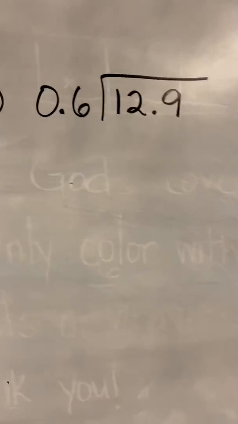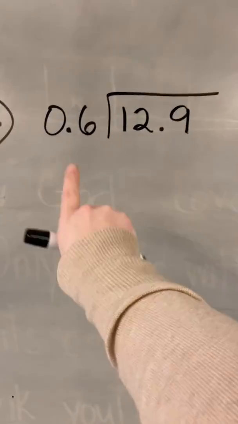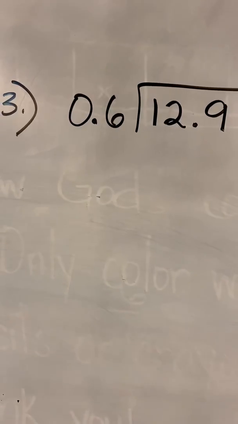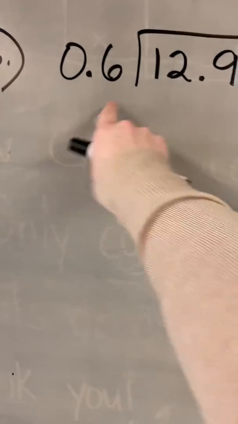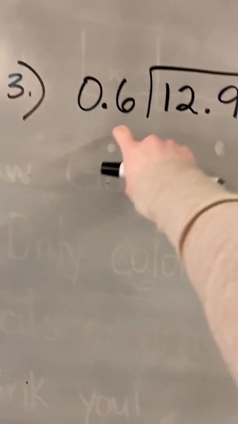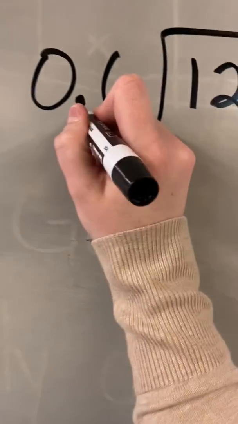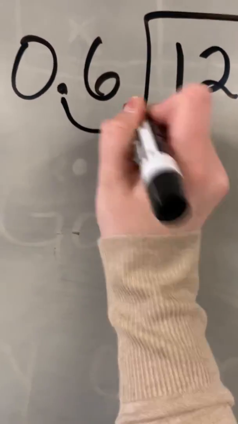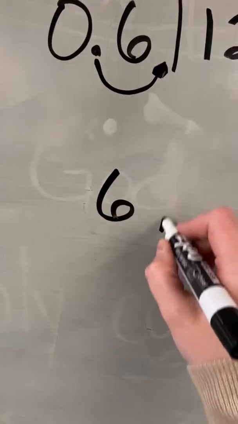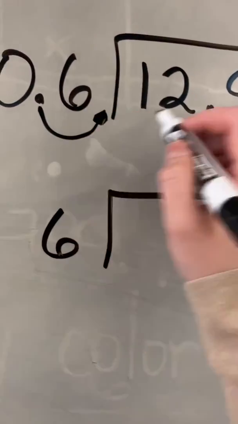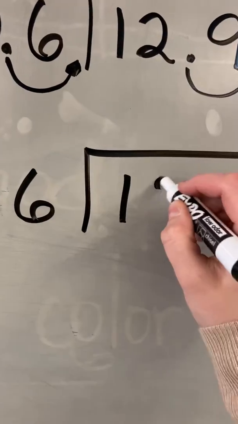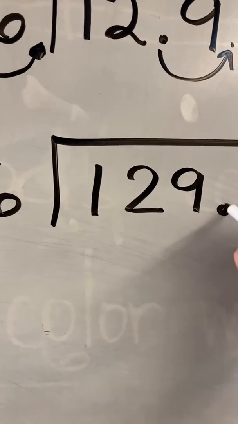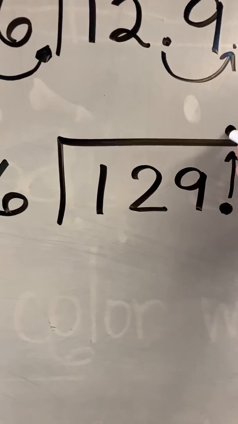Okay, so right now in my divisor, I have a decimal. I don't want that, so I need to make it a whole number. You always start with the divisor. You never move the inside until you've moved the outside. So I only need to move it once over to the right. So that turns it into 6. And then that means I move this over once to the right. And that makes it 129, and I'm still gonna put the decimal in because I might need it.